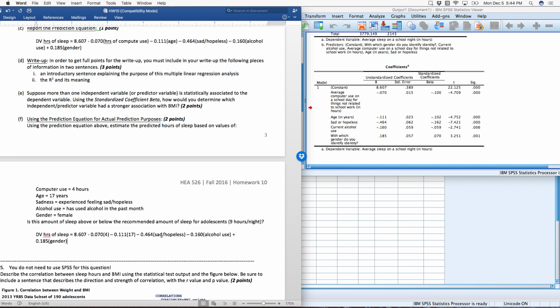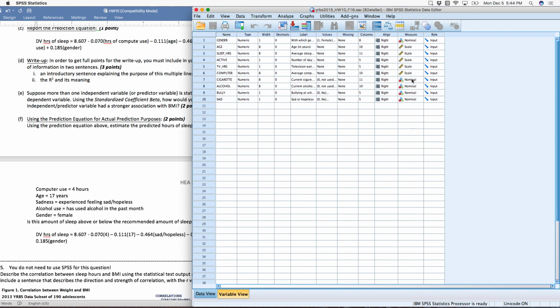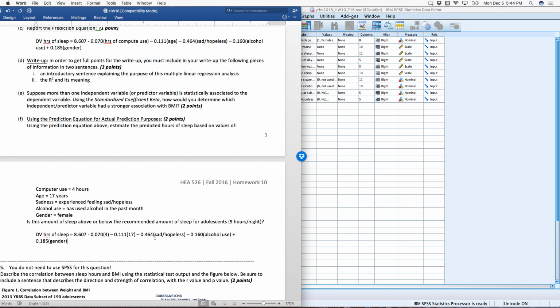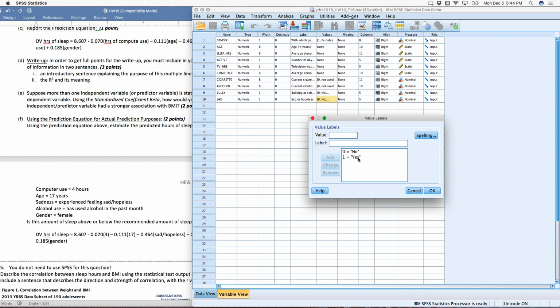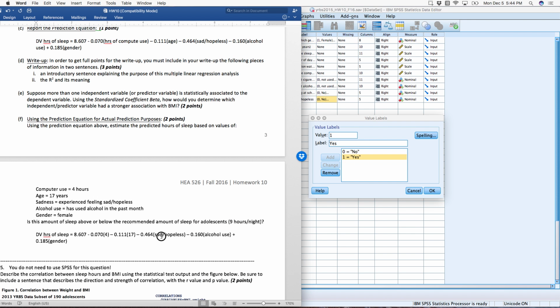Now for the other 3, we have to look and see how they were coded in the data set in order to determine what we should put there. So if we go back to the data set and look at sad or hopeless, which is the last one, we see that 0 would mean no, and 1 would mean yes. So since this person said yes, they have experienced feeling of sad or hopelessness, what value would we put here? 1.